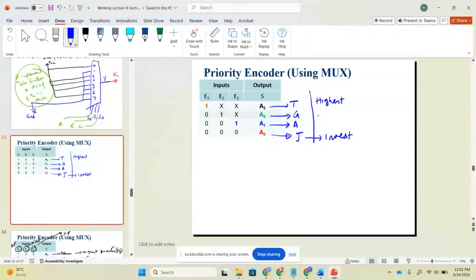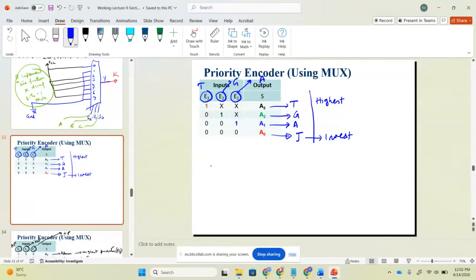Can you see here, this E3 is actually A3, so E3 is the priority for Thomas, E2 is the priority for Ghala, and E1 is the priority for Abir, and the lowest priority, the poor guy, is James.